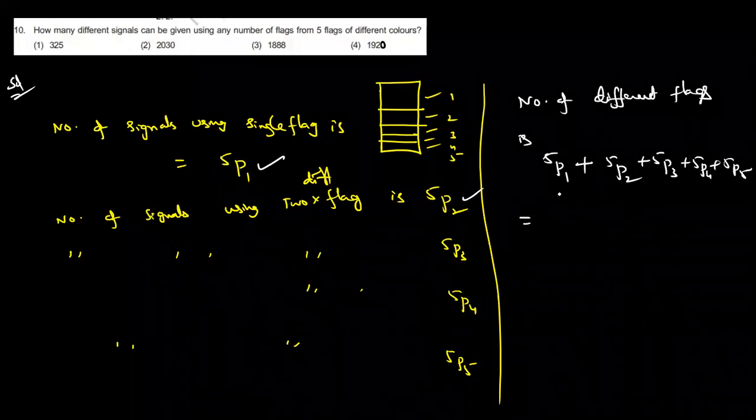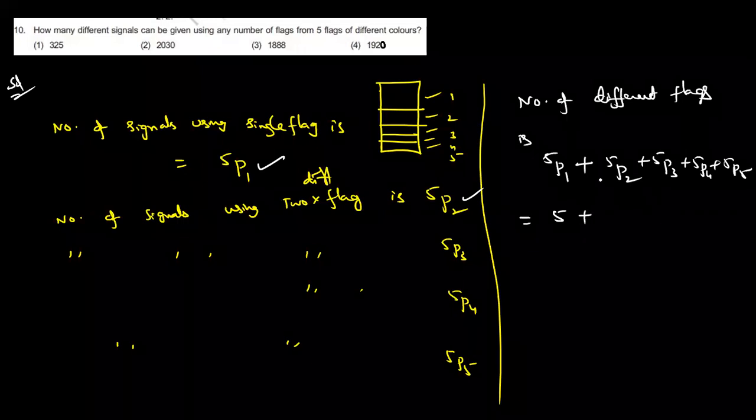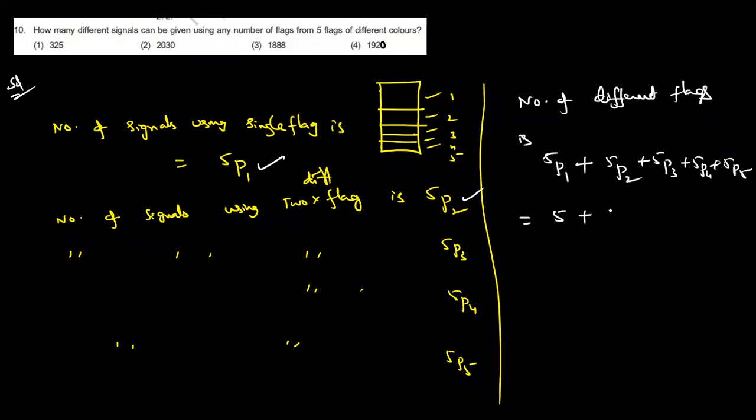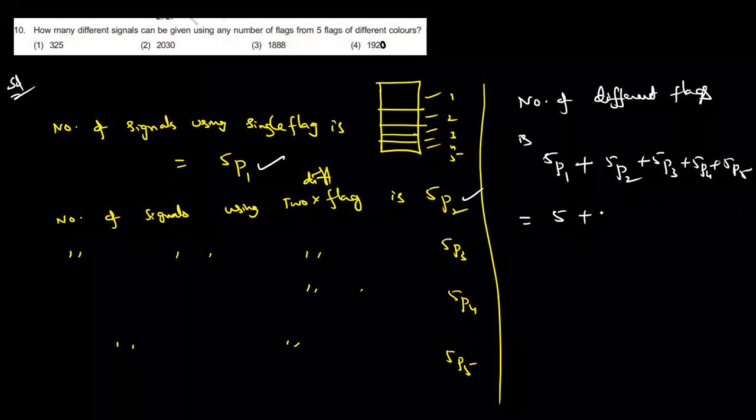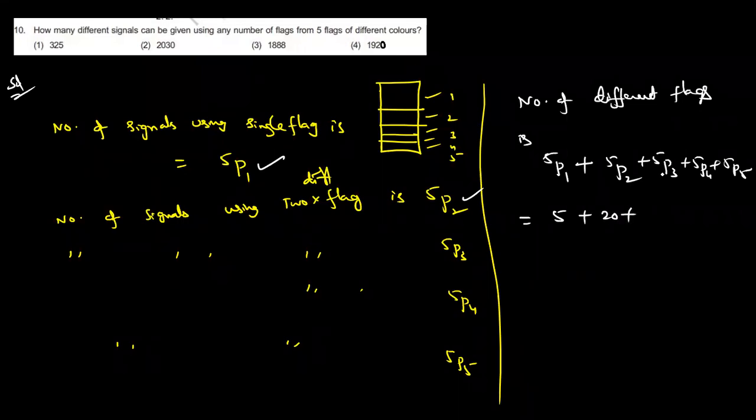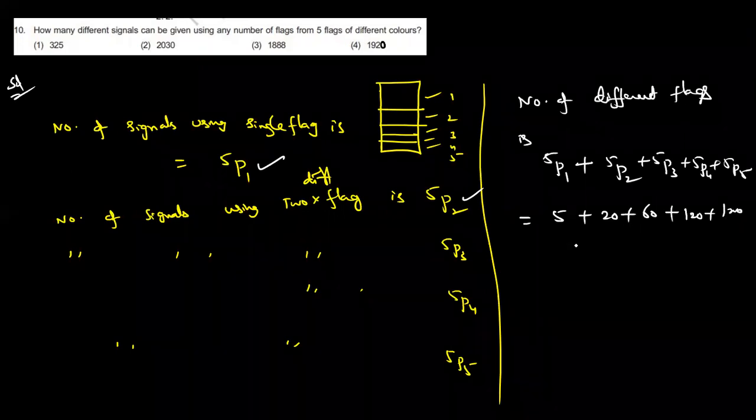You know very well, use the formula. 5P1 is how much? 5. 5P2 means 5 factorial by 3 factorial, that means 20. 5P3 is 5 into 4 into 3, that is 60. Next, 5P4 is 120. 5 factorial means 120. Both are the same.